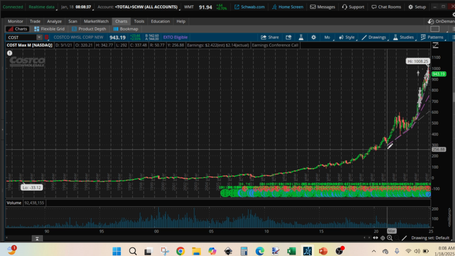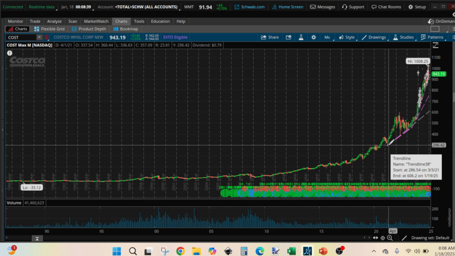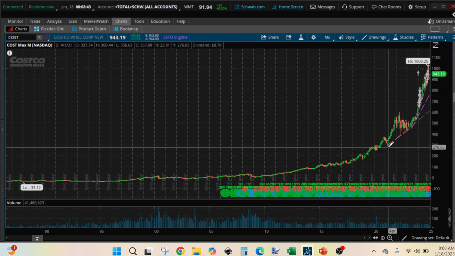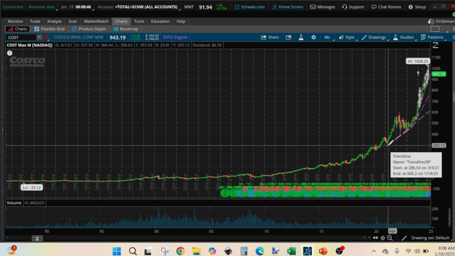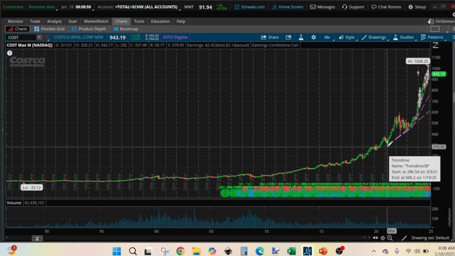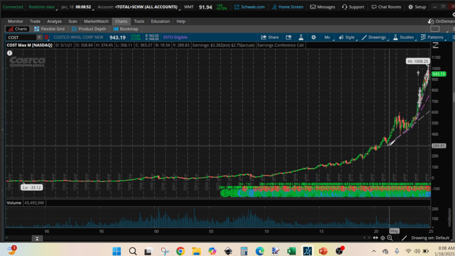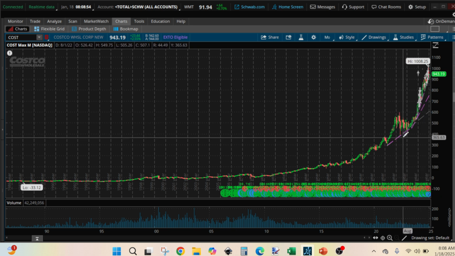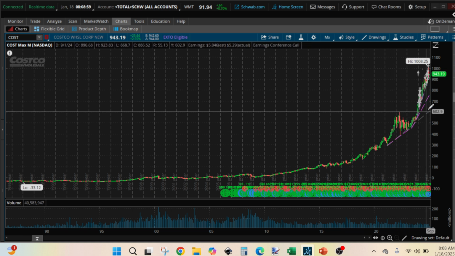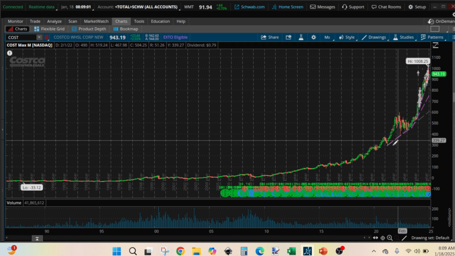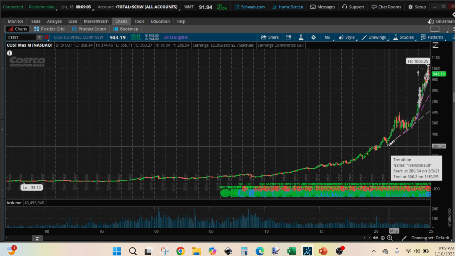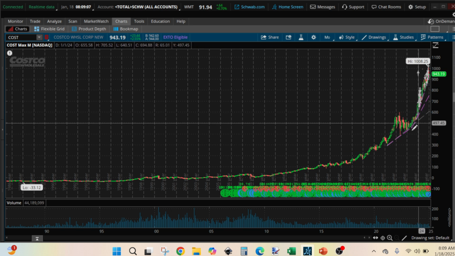Therefore, I like to trace my trend line in an oblique, upward direction. So that is the way I trace my support line.